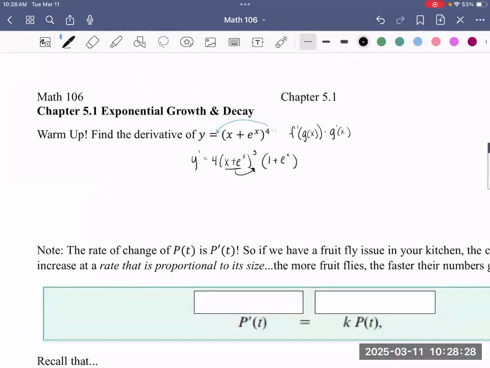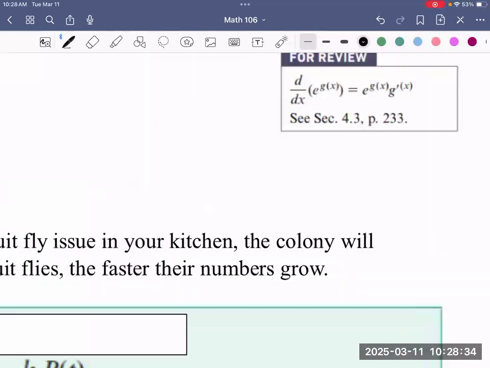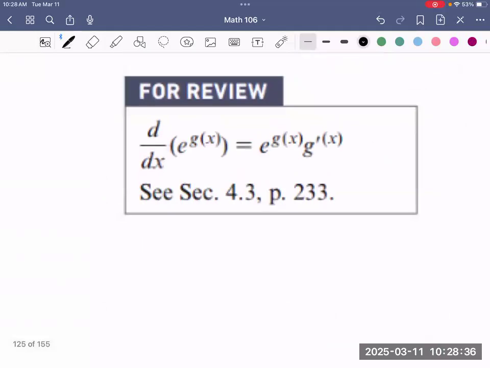Lots of things that we've been learning. Keep in mind what we've learned from chapter 4.3, I believe, 4.2, where we talked about the derivative of e being itself, and then the chain rule compounding that together.